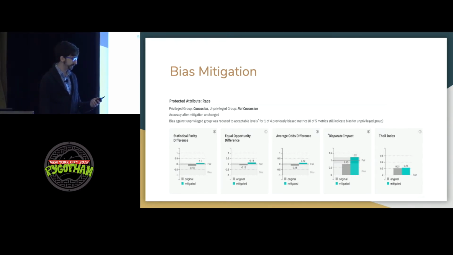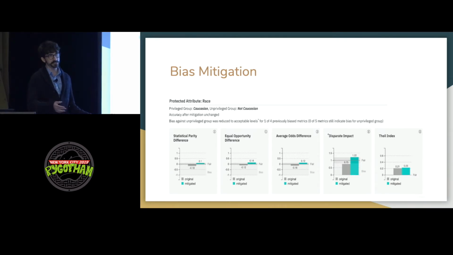So in the case of, which one is the laser pointer? Yeah, got it. So in the case of this, disparate impact more or less tells you if for someone who is non-Caucasian, is the outcome of this model significantly worse? And the original is 0.75, where 1 is fair and anything below 1 is unfair.